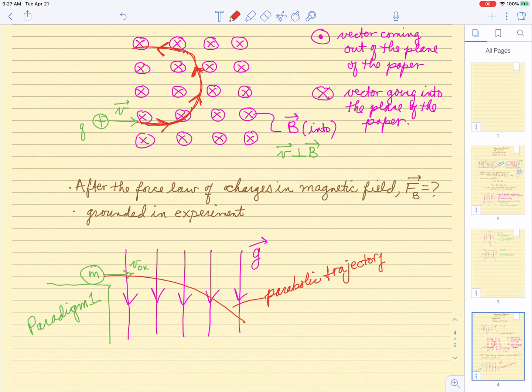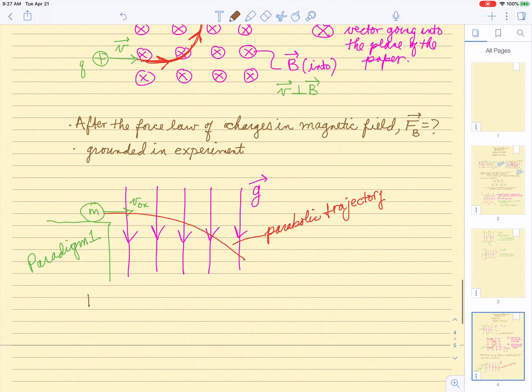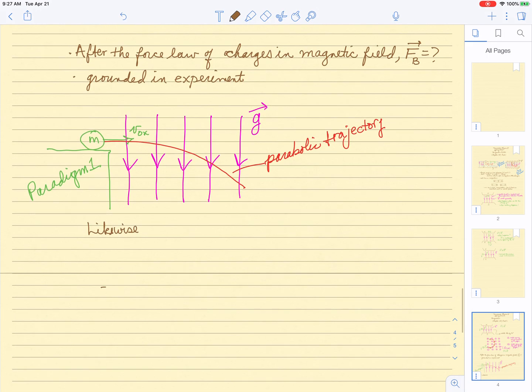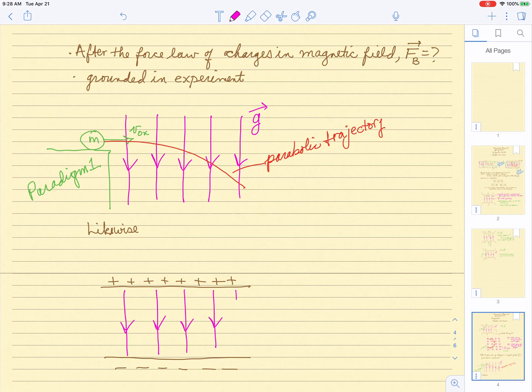And likewise, if we were to take a parallel plate arrangement of charge, again with the electric field oriented like so, from positive plate to negative plate.